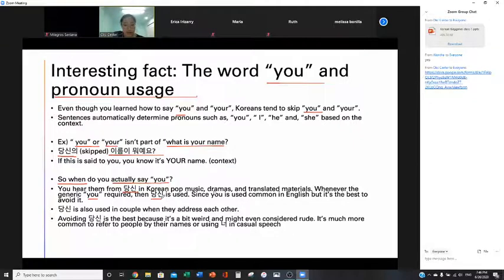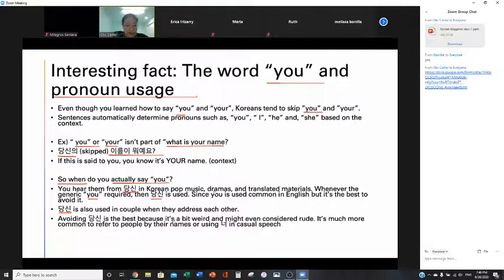I mean 당신 in context, but it's best to avoid it. 당신 is also used between a couple when addressing each other, but avoiding it is best in general. When you're calling your partner in a couple, it's okay.